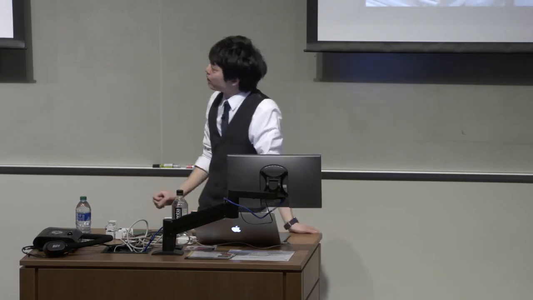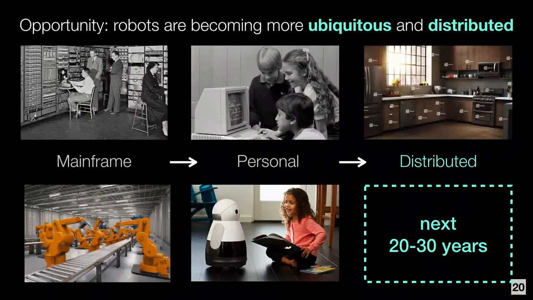I believe the same thing is happening in the history of robotics. Robots are now pretty gigantic and only work within factories or warehouses, but they are gradually migrating from the factory into our everyday environment. I believe robots will also be ubiquitous in the next 20 to 30 years.